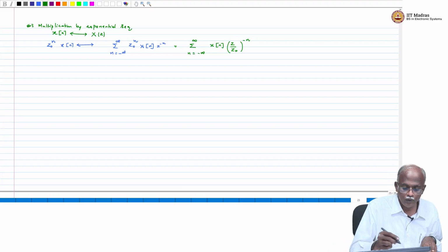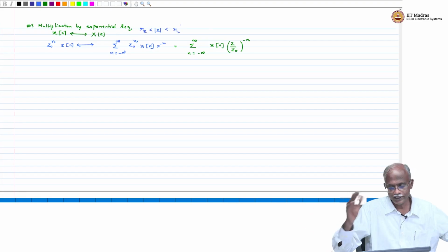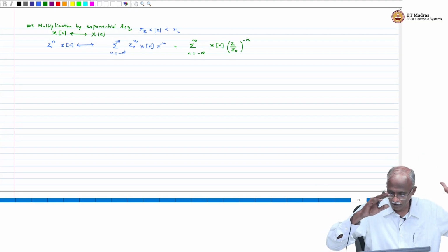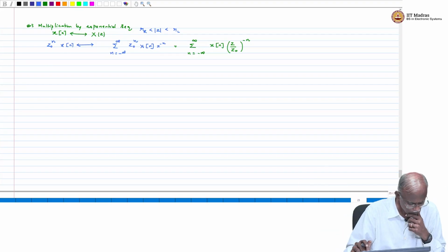Now supposing the original sequence had an ROC given by RR less than mod z less than RL. Let us say it is a two-sided sequence, it has a limit for the right-sided sequence and also a limit for the left-sided sequence.